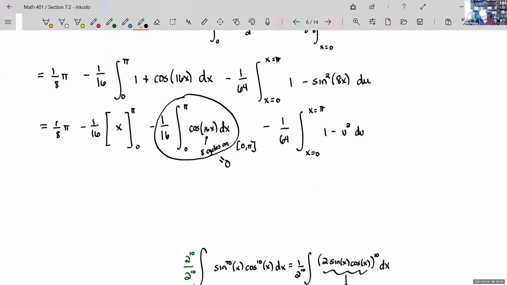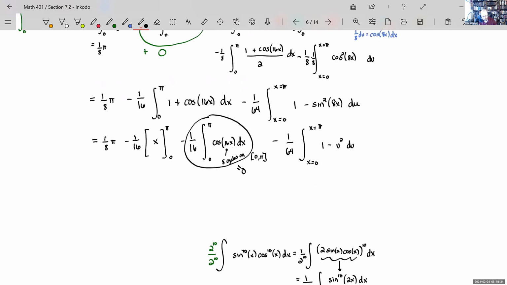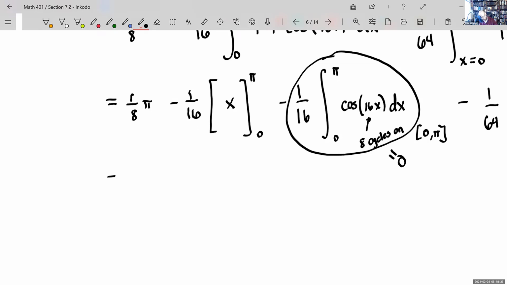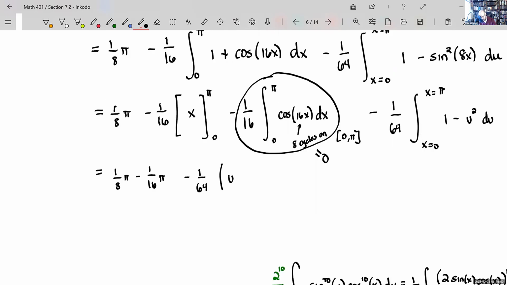Making some more room. This is going to equal 1 over 8 pi minus 1 over 16 pi. That next part is 0. This is going to be minus 1 over 64. The antiderivative will be u minus u cubed over 3.